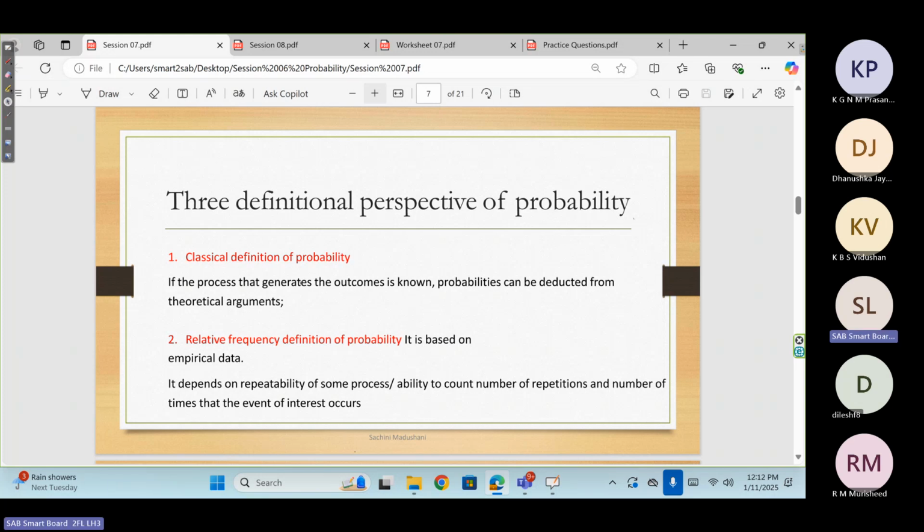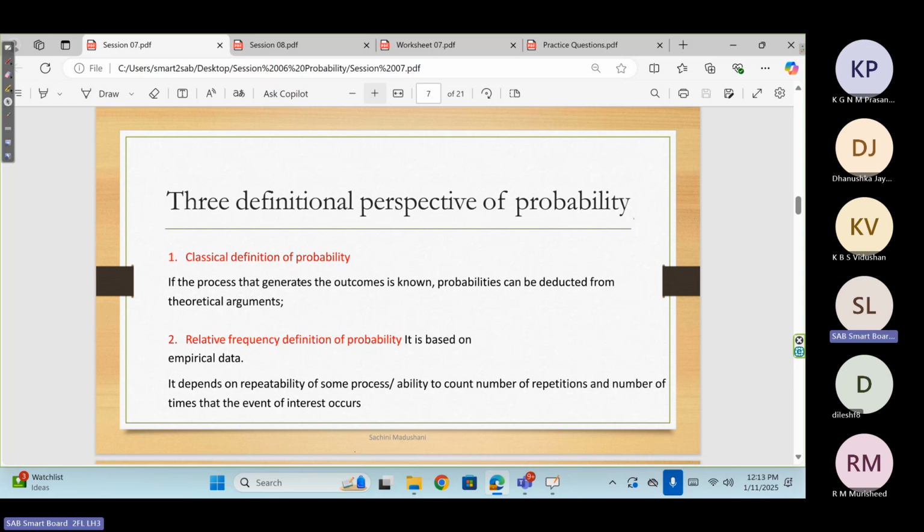Is it clear? It means in the classical approach, normally we do not conduct the experiment to identify the probability value. We do not need to do the experiment. Why? Already we know the probability value based on the theories.